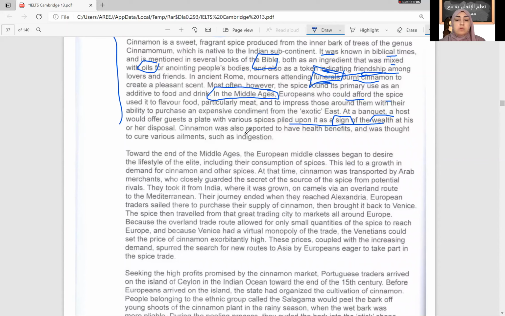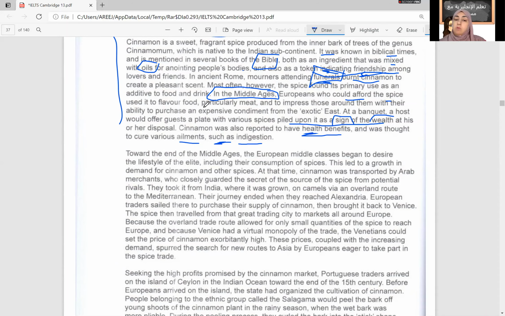Okay, cinnamon was also reported to have health benefits. Here we found the word health, which means I need to focus a little bit here. So health benefits, and was thought to cure various ailments, which means diseases, or health problems, such as, there's an example, indigestion, or something.